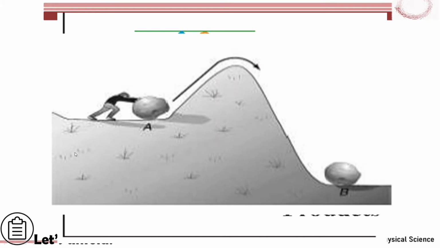So pagka sapat ang enerhiya na meron yung tao para itulak yung bato pataas, so yung peak is the amount of energy na kailangan niya, then maipupush niya downward yung bato. But if the amount of energy is not enough, then we cannot expect that this stone or block or adobe will move towards the other side of the hill.